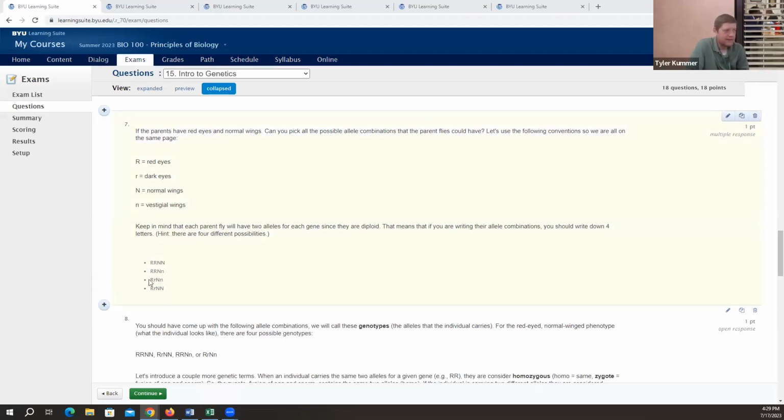So for example, this third genotype here, when we're forming the gametes, when we're making sperm or egg, this individual could pass on the big R and the big N together. They could pass on the big R and the little n together. We're still doing the law of segregation, right? You're only getting one R and one N, but we don't know which ones are going to be paired together in that sperm or egg.